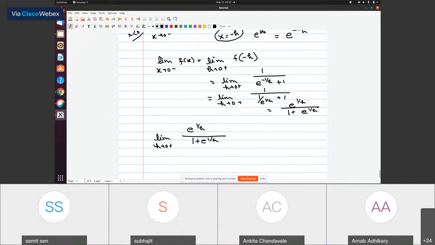So as you can see, as now my h is positive, what is this limit? Can you tell me what is this limit? 1. Yeah, 1. Why?